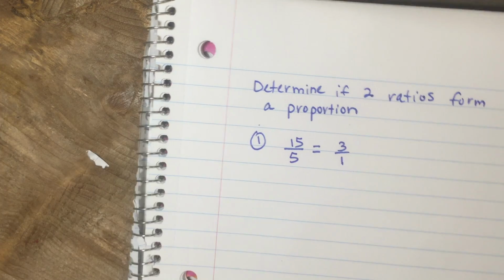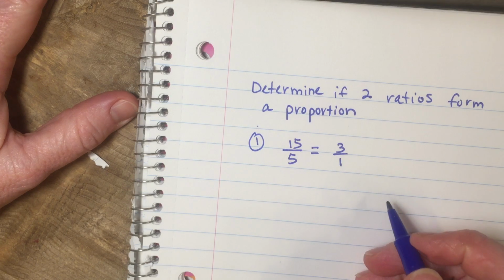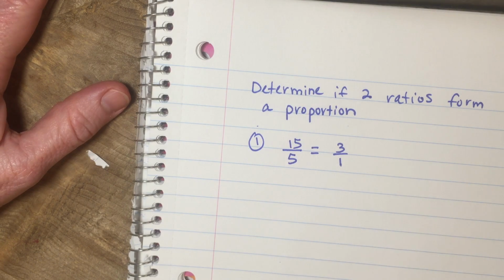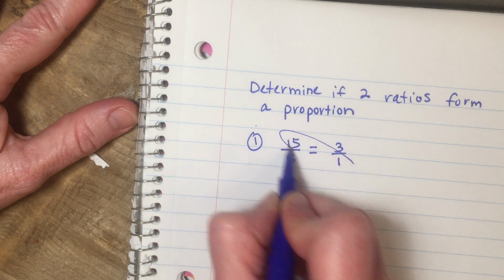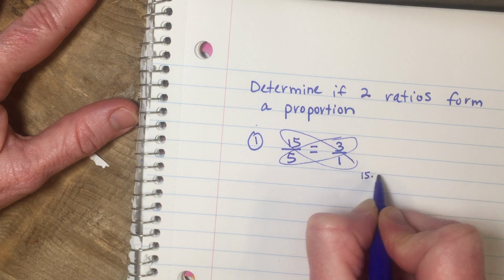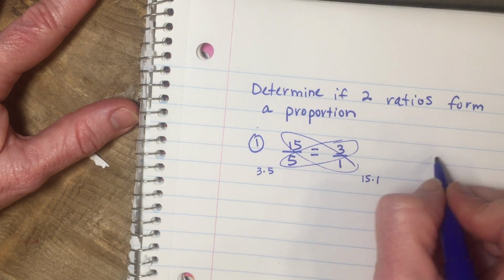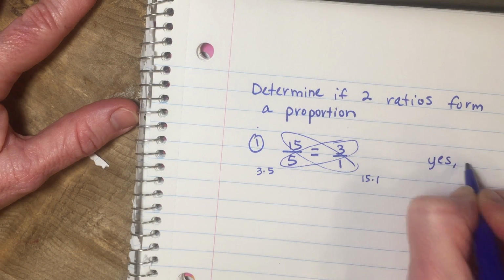And you want to know, does that make a proportion? Well, you can use either of the three ways to decide. So you just kind of pick the one you like. If you like cross products, then try that one. Is 15 times 1 the same thing as 3 times 5? Yep, those are both equal to 15, so yes, this is a proportion.